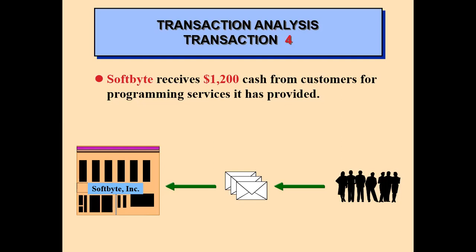Because they perform a service. If they perform a service, I already said it is a revenue. It is a service revenue. So in the owner's equity column, or the stockholder equity column, there is a column we call revenue. So on the revenue column, 1200 plus, and cash column 1200 plus.